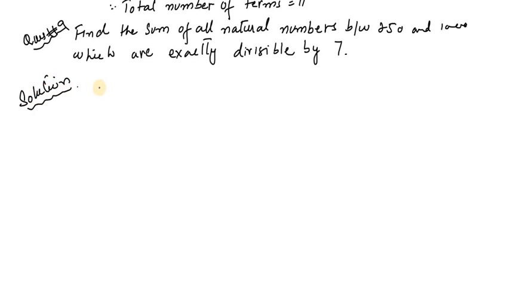Okay. So first we find the numbers between 250 and 1000 which are divisible by 7.